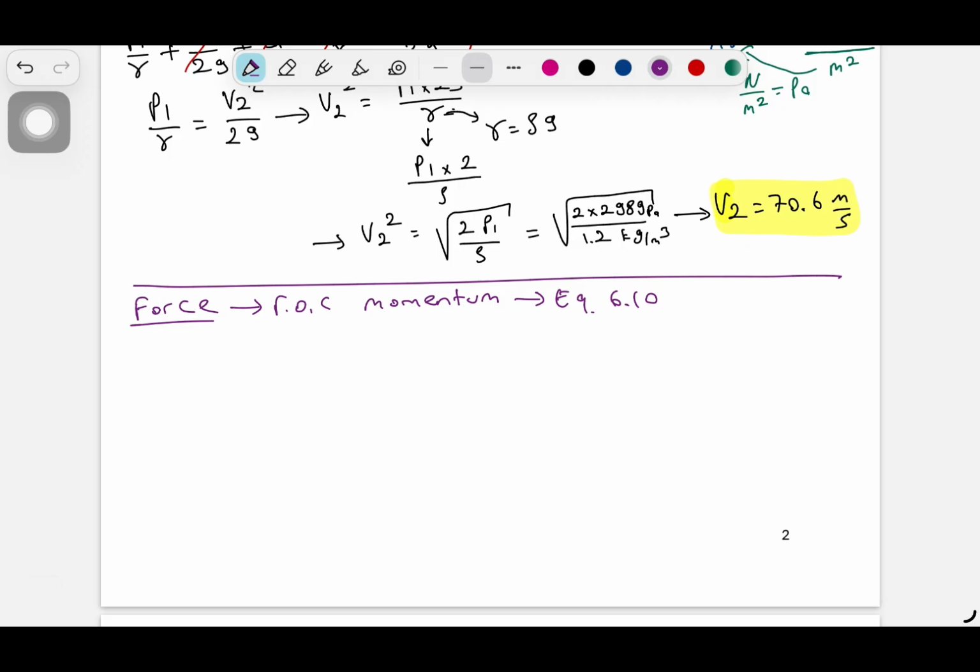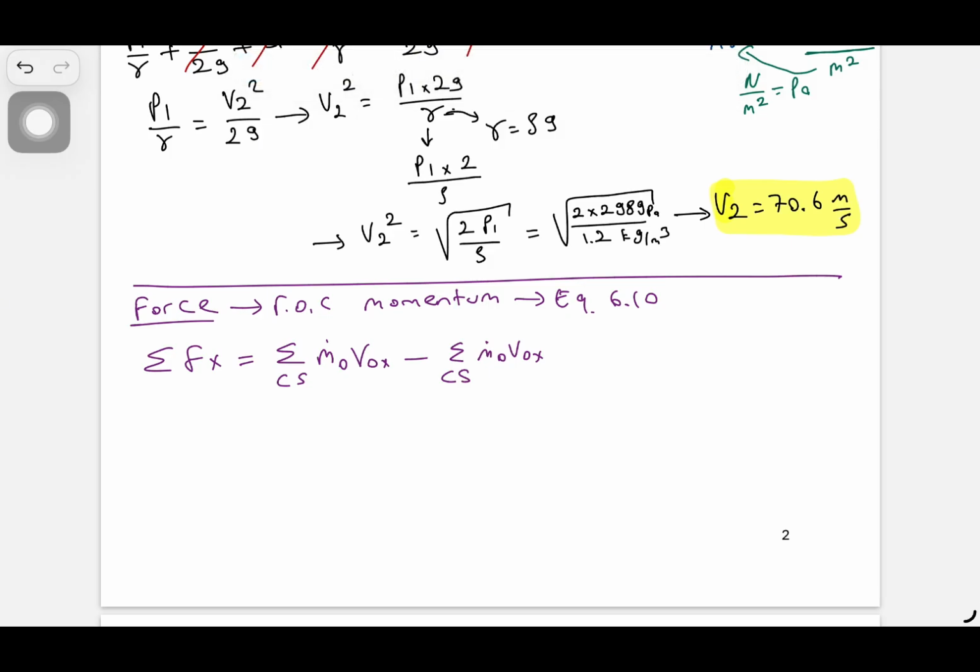Let me write the full equation. Again, we have the control surface, out minus in. So this is the momentum equation.